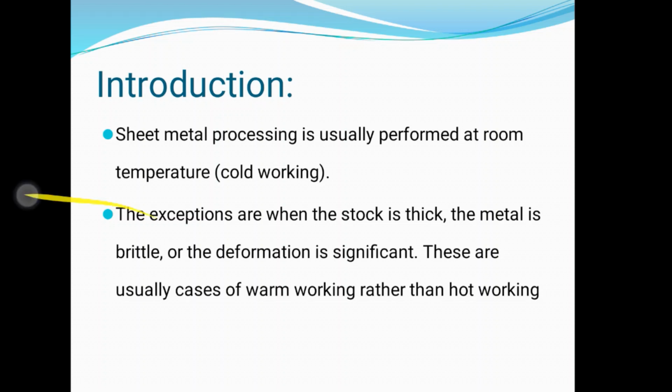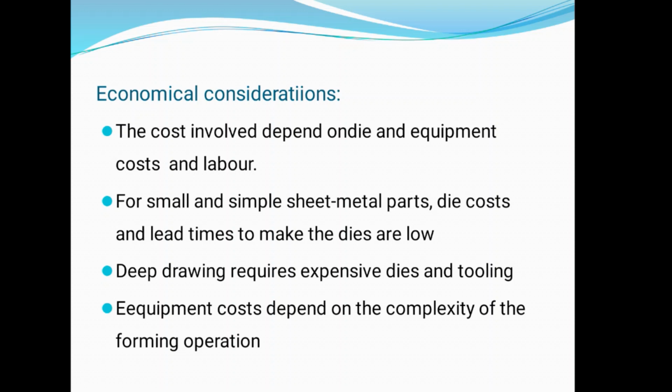Then economical considerations, which are nothing but according to economic or financial purpose. The cost involved depends on equipment cost and labor. As we know, by this sheet metal process we reduce the cost of product, labor, equipment, etc. For small and simple metal parts, die costs and lead times to make the dies are low.